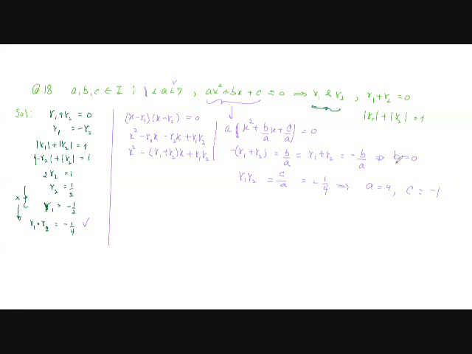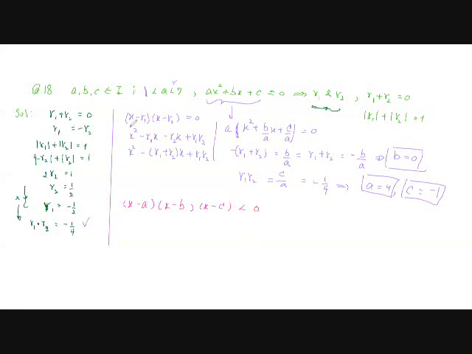Okay, so now we got the values of A, B, and C. After this, the question asks for the solution set of the inequality: X minus A times X minus B times X minus C less than 0.